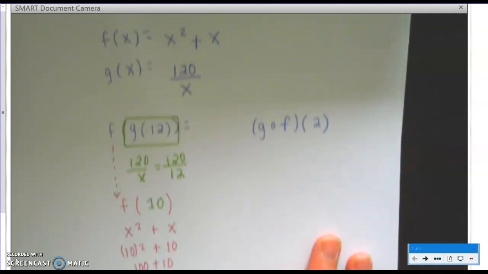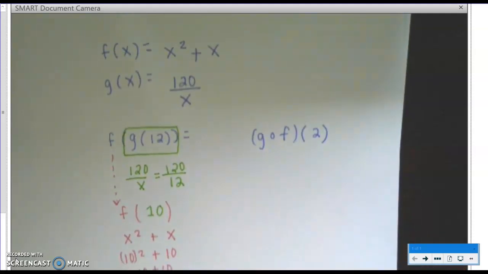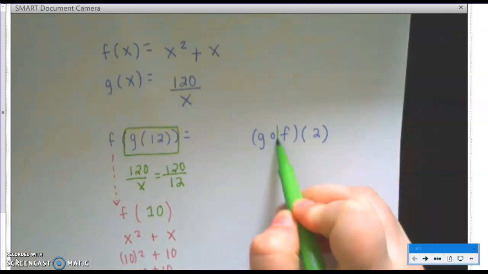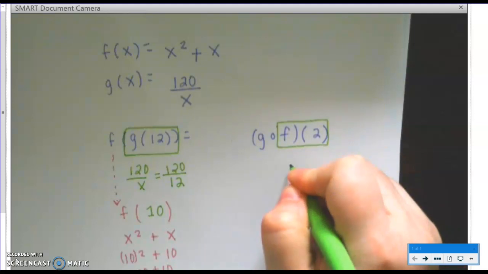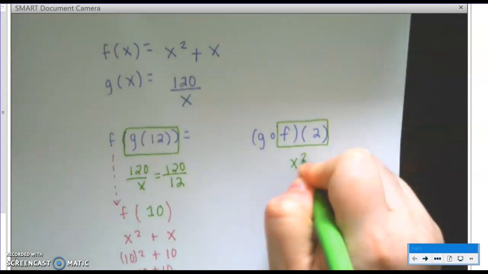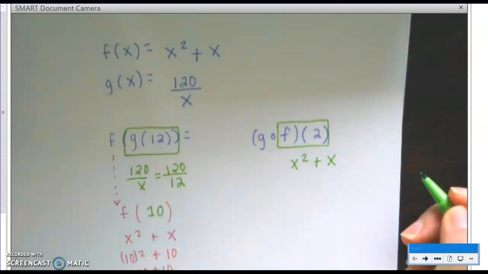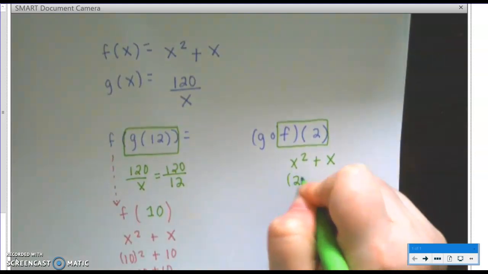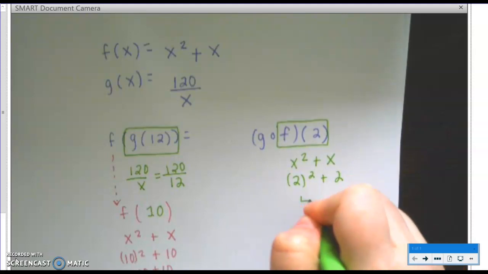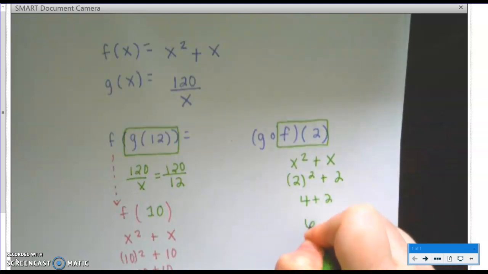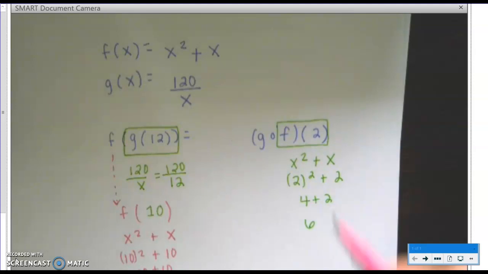All right, for the next example, I'm going to start with figuring out what f of 2 equals. So I'm going to plug in 2 to the f. So my f rule is x squared plus x. I'm going to plug in 2. 2 squared is 4. 4 plus 2 is 6.